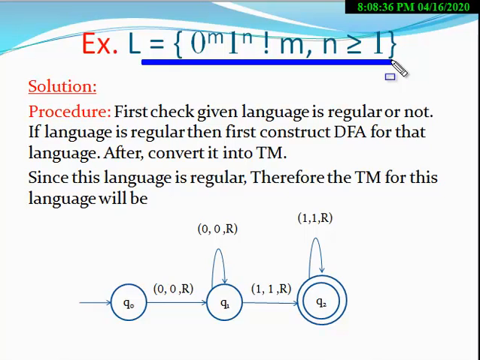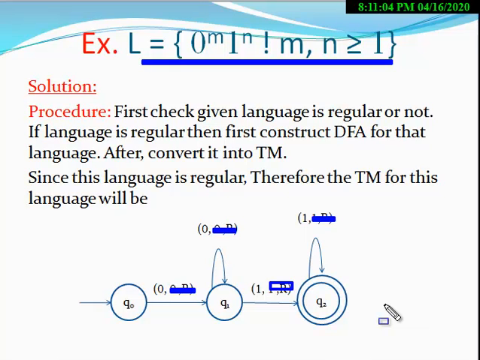In this case, first you have to make a deterministic finite automaton for this language. After making the deterministic finite automaton, you have to add the following things. So the DFA for this language will be this, right? We are not going to discuss the method for constructing a deterministic finite automaton here.